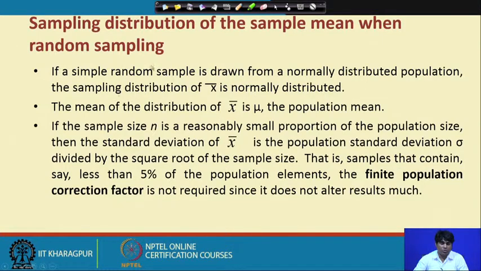So the sampling distribution of the sample mean is called random sampling, and if not, it's called non-random sampling. Sometimes we connect a sample to the population, so we have finite samples and infinite samples, but in most cases we deal with a finite sample to analyze the particular problem.